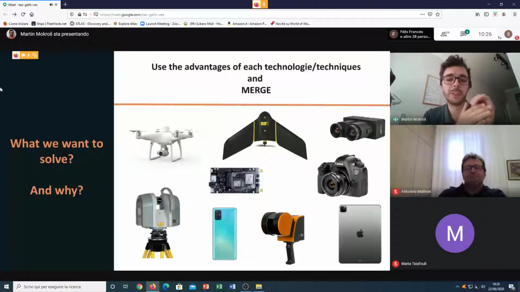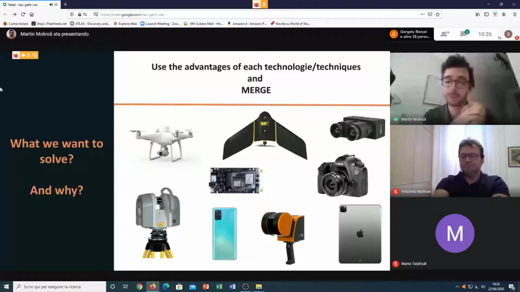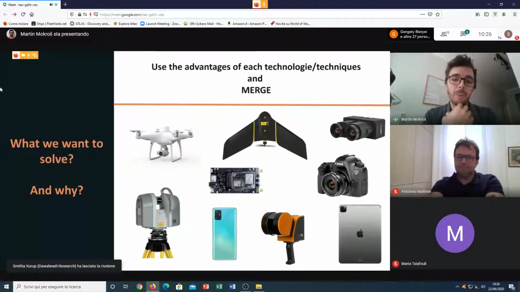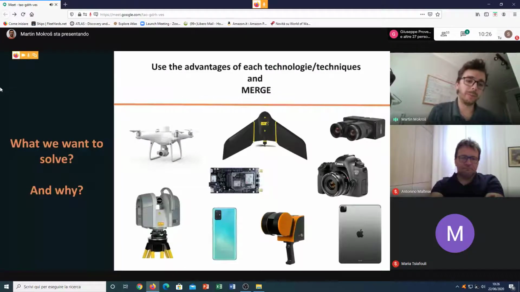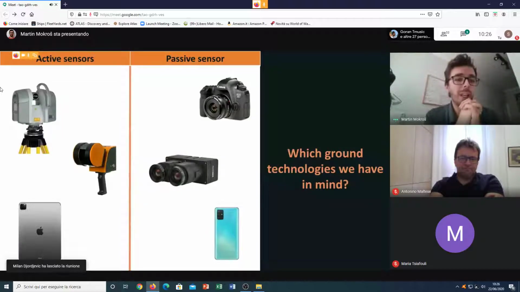Also, when we have LiDAR data from an airplane, we can get really good height. So we have decided to focus on merging these platforms, to have ground technologies and then merge them with UAV.